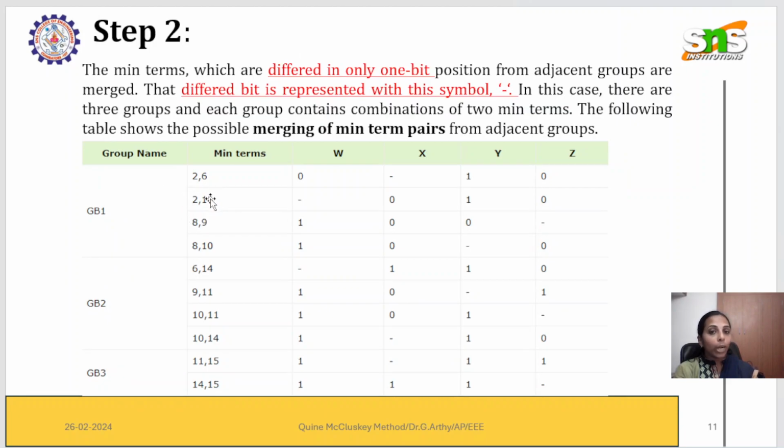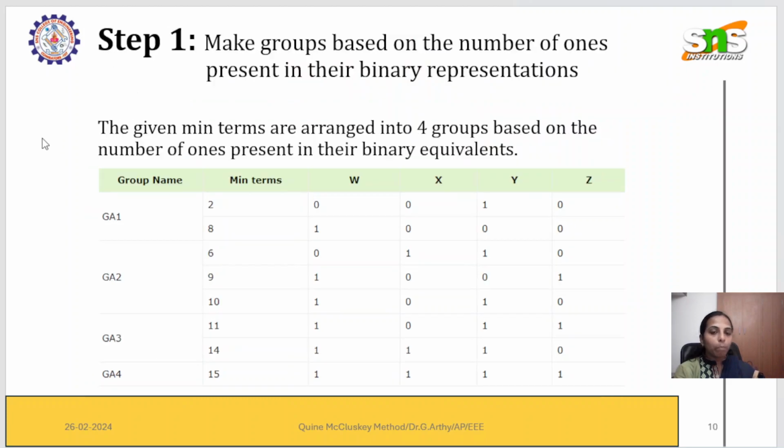Only if one bit differs in only 1 bit position from the adjacent group can we form pairs, right? So 2 cannot form a pair with 9 because in W a bit variation is there, and in Y also a bit variation is there between 2 and 9. So it cannot be formed into a group.